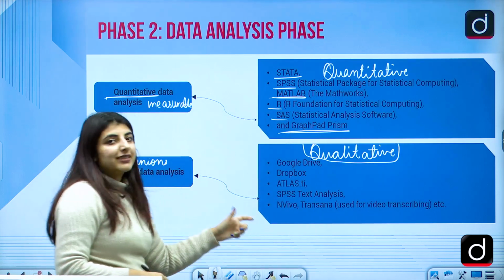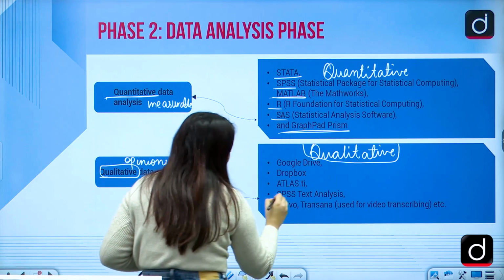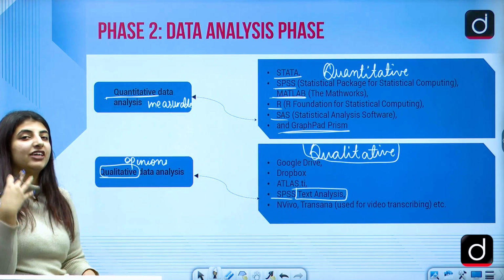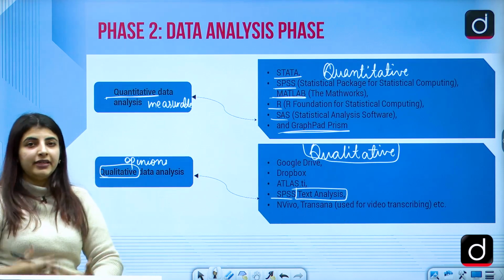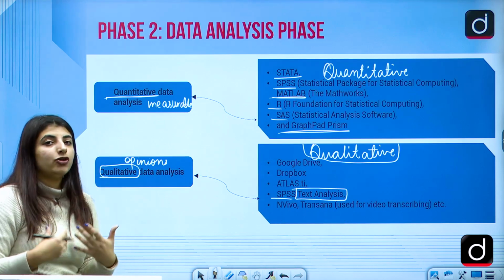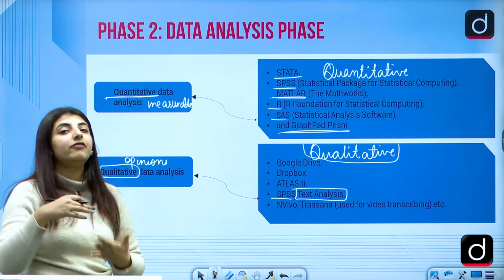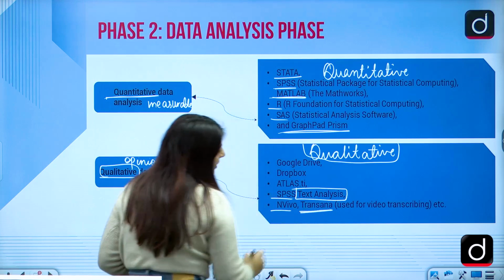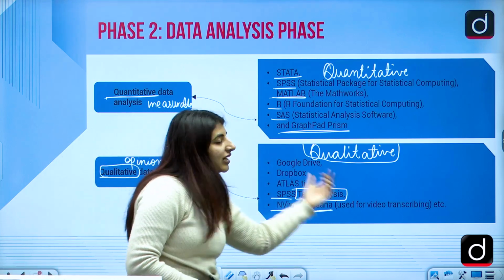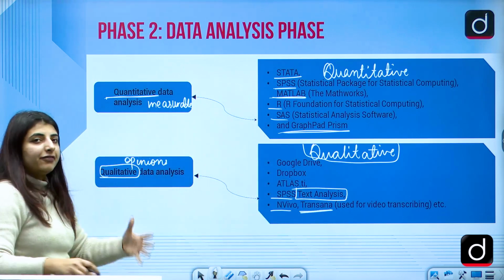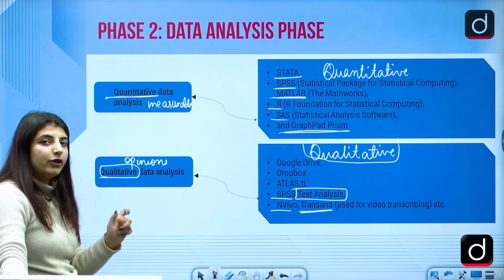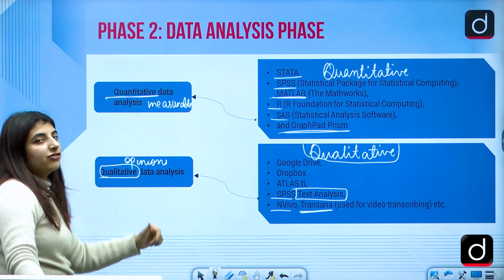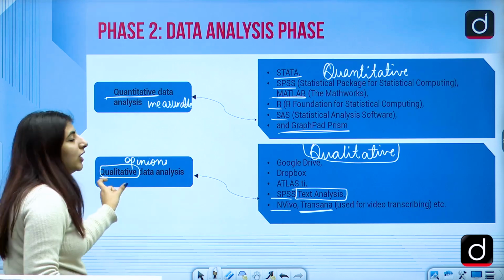We have Dropbox, Atlas, SPSS, text analysis, because we want something in textual format, the views and opinions of people related to a particular concept or the question that you have asked them. NVivo, Transana, etc. are used for video transcribing, right? So if someone has given you data in video format, how can that be translated? That can be transcribed using the Transana software, that is qualitative software.